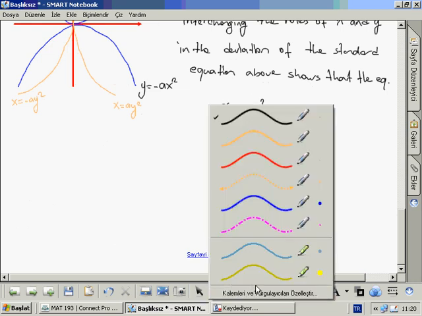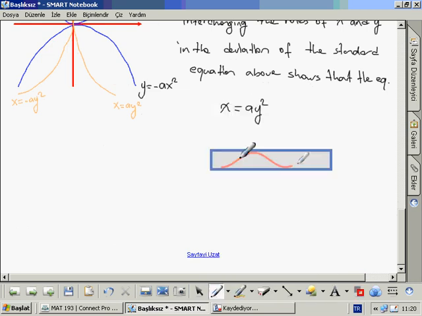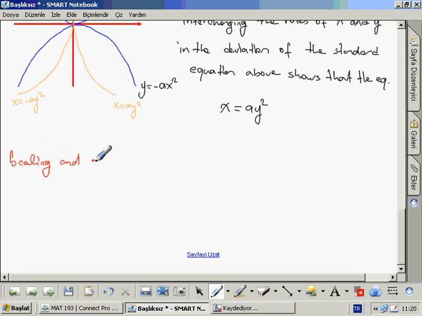And let's talk about scaling and shifting parabolas or any graph.